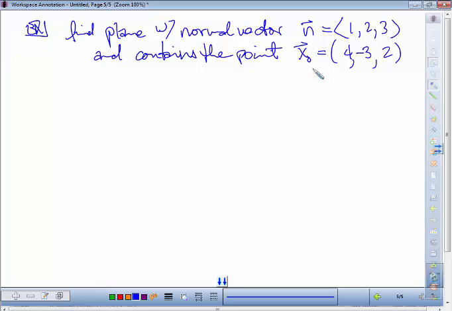We can go through the process of setting this up, but I think if we just jump to the formula, it should become fairly easy, I hope. So let's see. According to the formula, the equation of the plane should look like n dotted with x, y, z, and n dotted with the given point x naught, y naught, z naught.